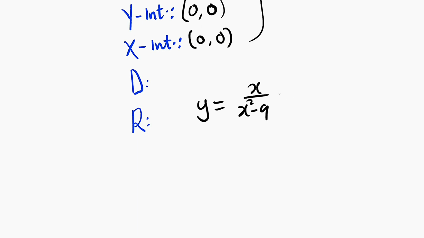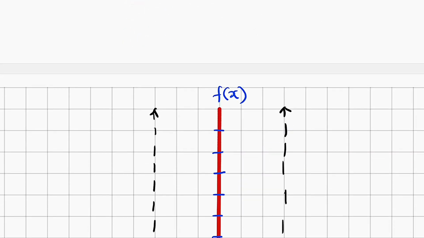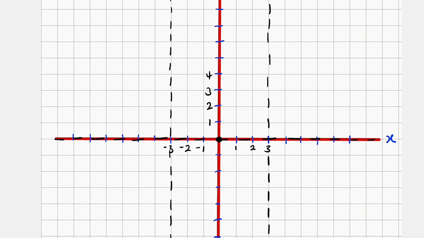So if x is 3.5, we have 3.5 divided by 3.5 squared, which is 12.25, minus 9, 3.25. And 3.5 divided by 3.25 is approximately equal to 1.1. So when x is 3.5, y is 1.1. So we have 1.1 somewhere here.